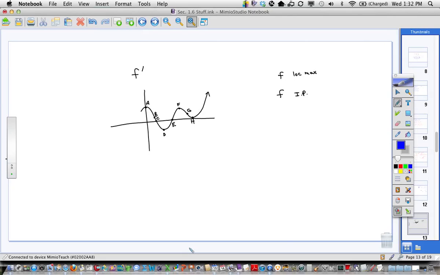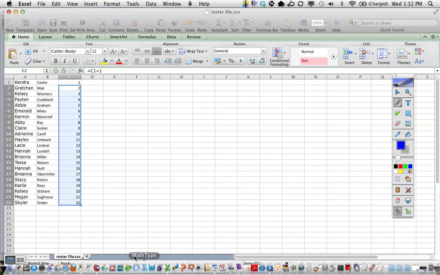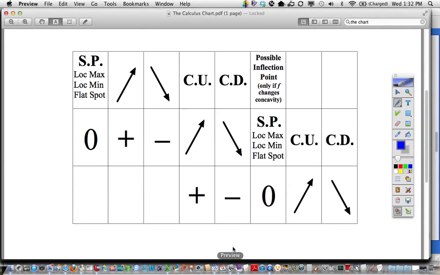A, D, F, H. Because according to the chart, and again, don't be afraid to ask questions here, F has an inflection point when these two categories switch. So F prime has to switch these two. Has to go up to down, down to up, which is a local max or local min, which is at A, D, F, and H. All righty.